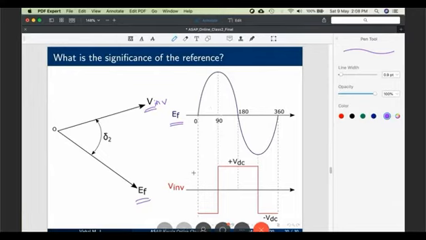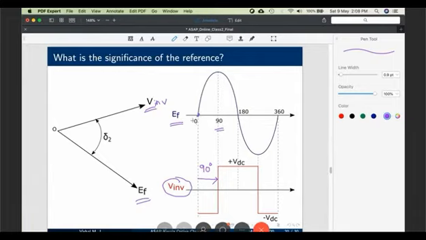Now suppose this angle is 90 degrees, as shown in the diagram. EF and V inverter are at a phase shift of 90 degrees, or the phase of this output voltage is 90 degrees with respect to EF. That is the meaning of this. How to realize that?